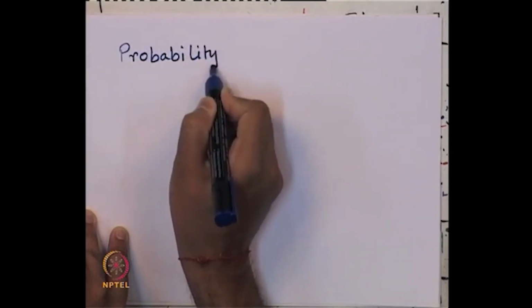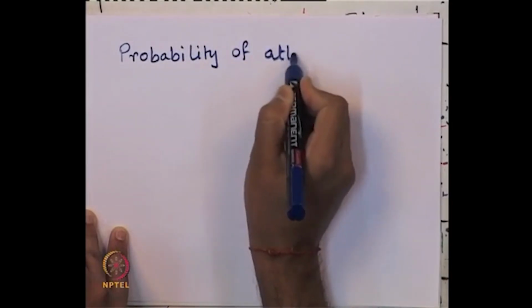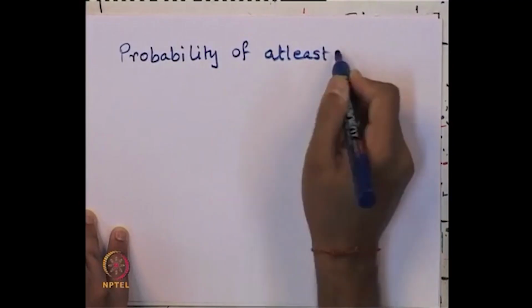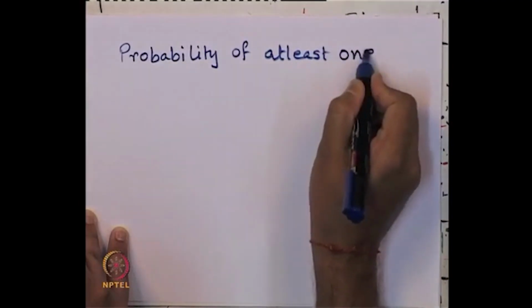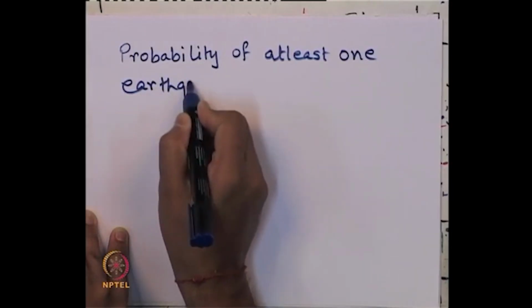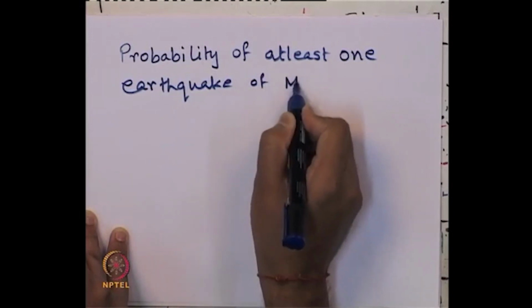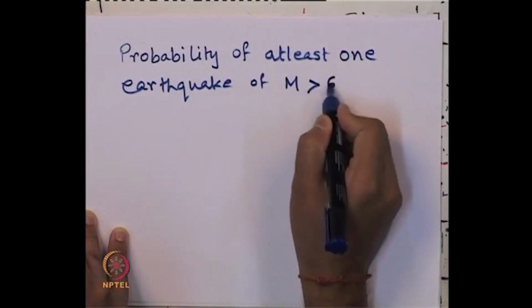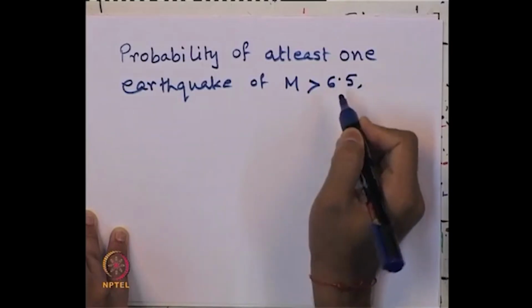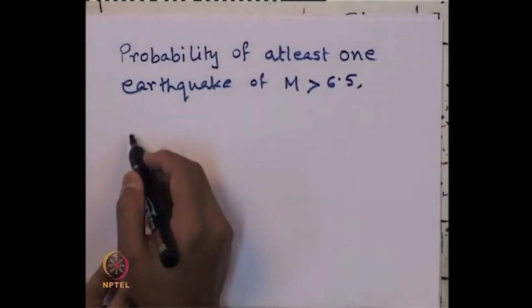So, next one is mentioned as the probability of at least one earthquake of m greater than 6.5. So, what will be that? In this case, as we all know, earlier we have made the derivation.